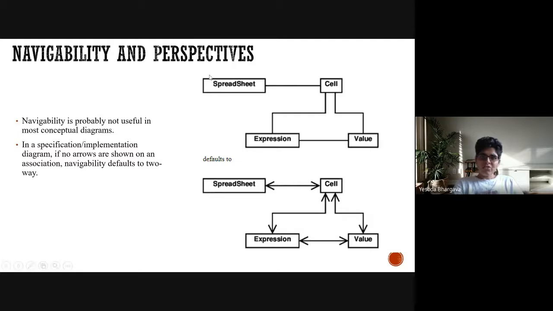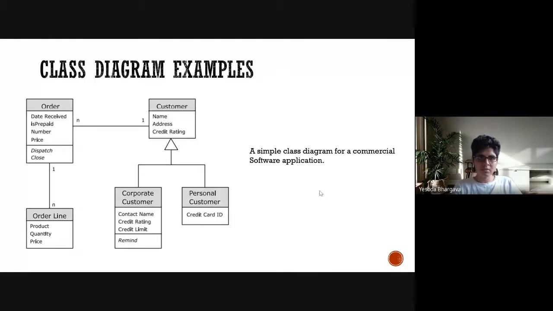Now, as I had mentioned, when there are no arrows shown and there are only simple lines, then it defaults to this kind of association. That means it's a bidirectional relationship between the classes. So now we have understood the different examples of associations between classes in class diagrams.